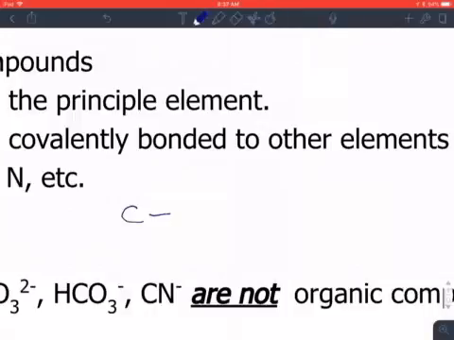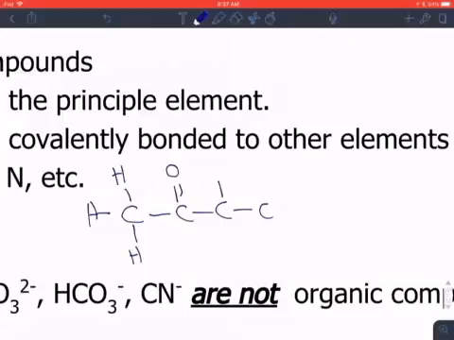If I had maybe a chain of 4 carbons, I could put hydrogens on this one, and there could maybe be an oxygen here, or maybe a nitrogen that has its 2 hydrogens, and then maybe some more hydrogens. You can see we've got an interesting chemical that contains carbon, hydrogen, and nitrogen, but the main thing is that carbon is the main guy.